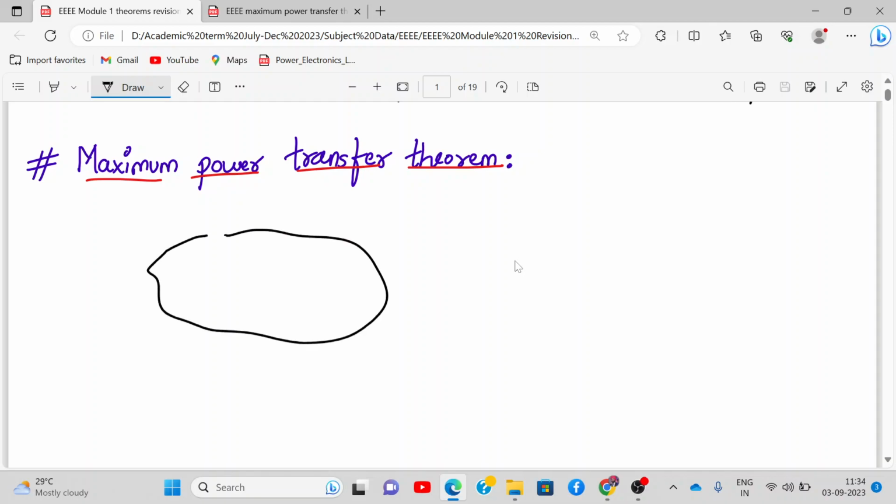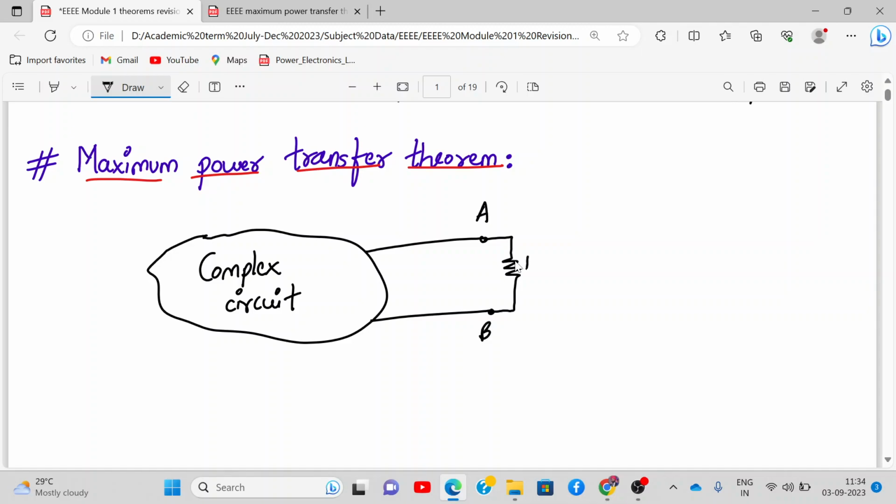So you have a complex circuit consisting of resistors, voltage sources, and current sources. For that complex circuit, you take the output terminals where you have the load resistor. Let's say this is RL, this is A and B. This complex circuit you replace with a single voltage source called Thevenin's voltage VTH and a single resistance RTH.